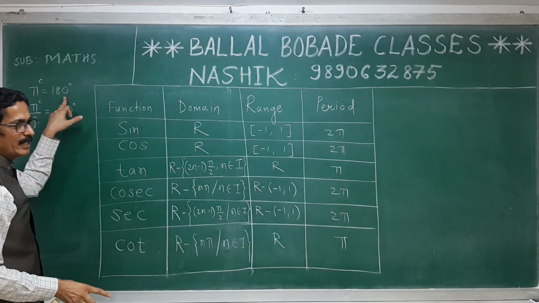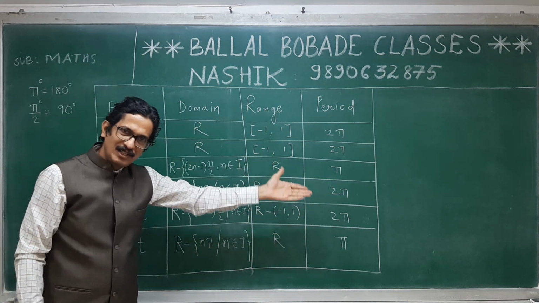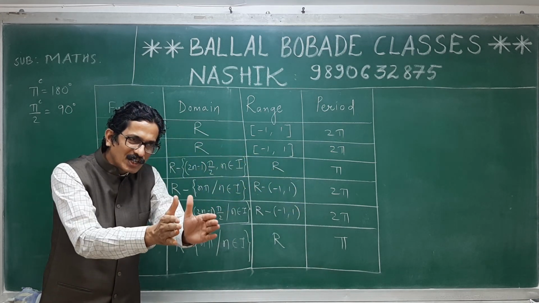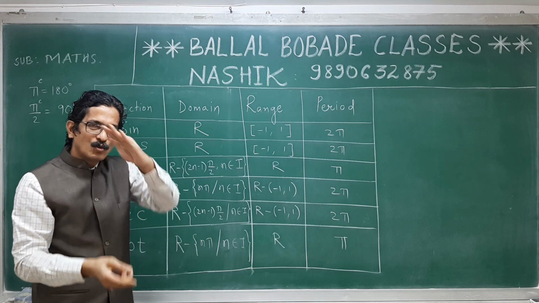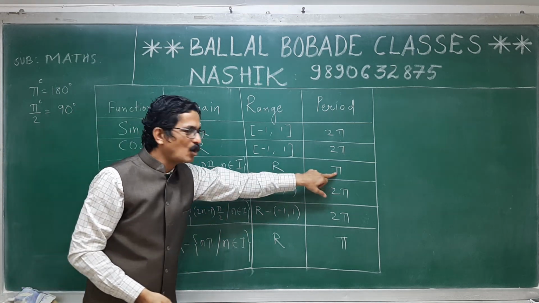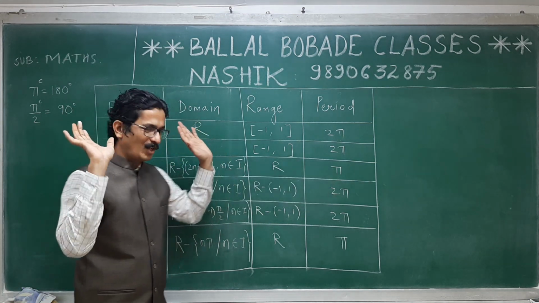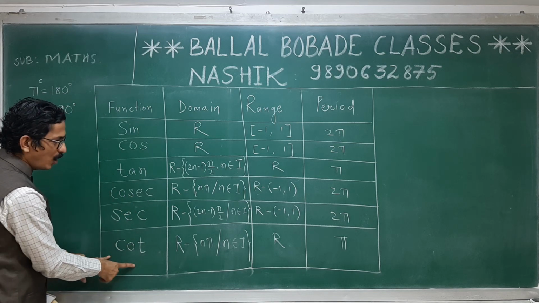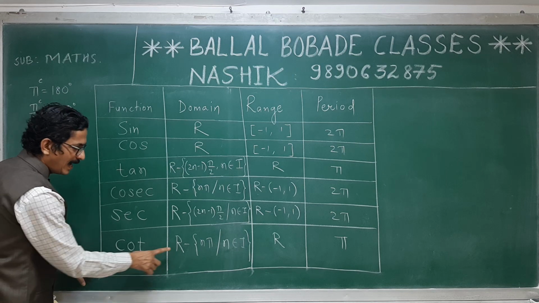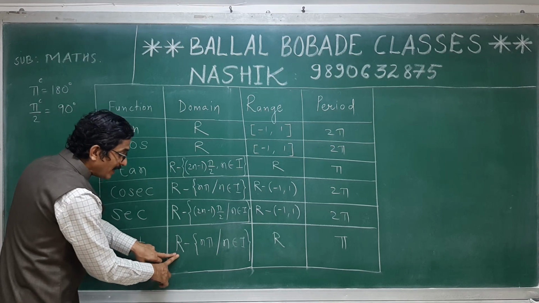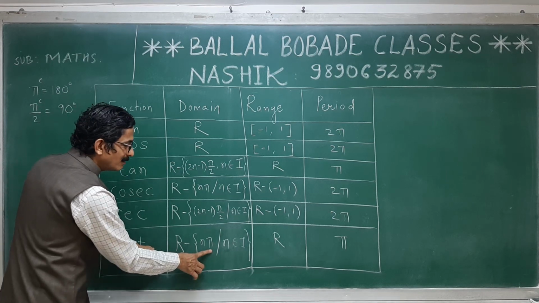Pi is 180. See, in the previous graph itself you had seen tan was positive in the first quadrant as well as the third quadrant. So from first to third the shift is of pi radian. It is the same story for cot. You see the period is pi, and of course cot has the domain as all real numbers except, say, 0.